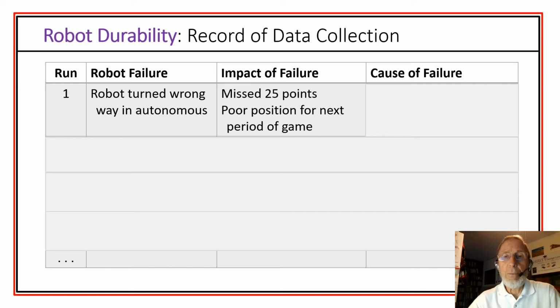Well, if the autonomous action was to score 25 points but turned the wrong way, we missed that opportunity. It could also put our robot in a bad position for the next period of the game. Think then about the cause. In this case, it was probably a program logic error. So we've identified the first failure.